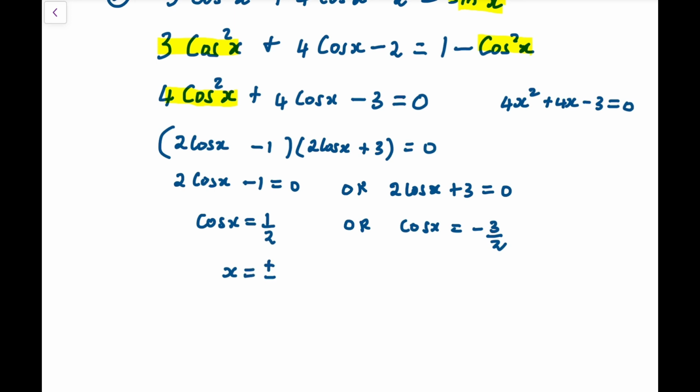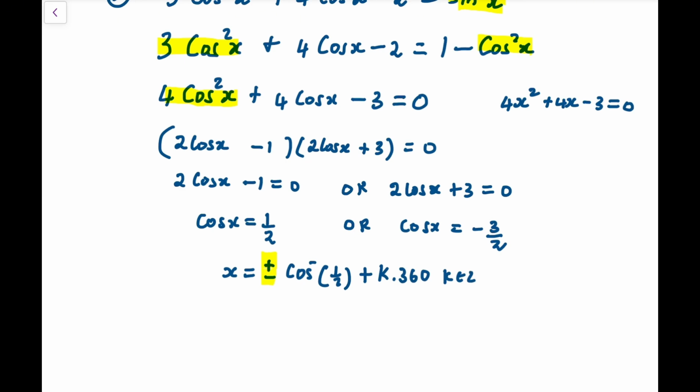Remember, with cos we said we must always include this plus or minus if we are using a graphical method. We are going to have plus or minus a cos of 1 over 2, and then plus k multiplied by 360, and then our k is an element of integers.